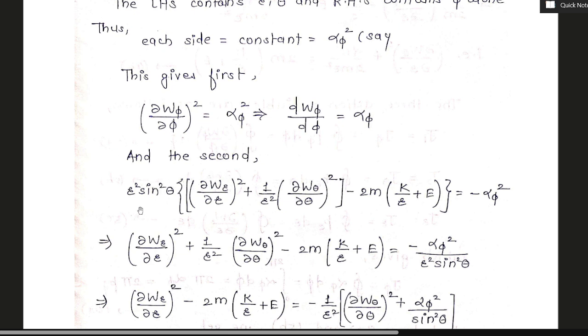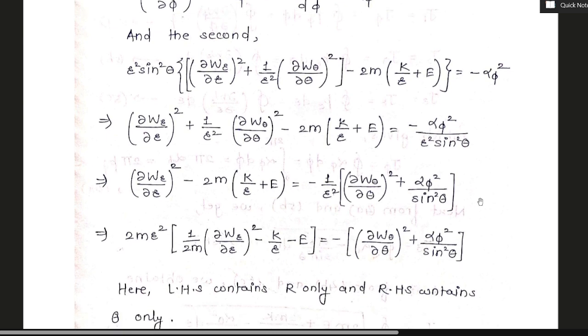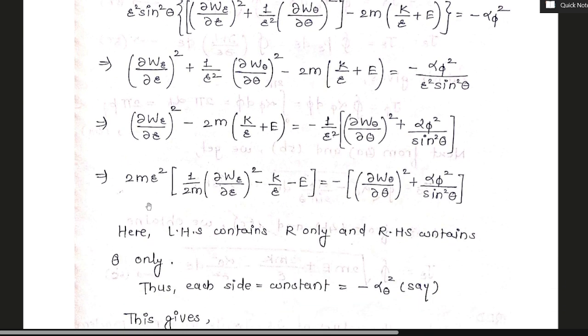second is r^2 sin^2 theta in brackets (del W_r by del r)^2 plus 1 by r^2 (del W_theta by del theta)^2 minus 2mk by r plus E, which equals minus alpha_theta squared. When we solve this equation, we get 2mr^2 in brackets 1 by 2m (del W_r by del r)^2 minus k by r minus E, which equals minus this term.